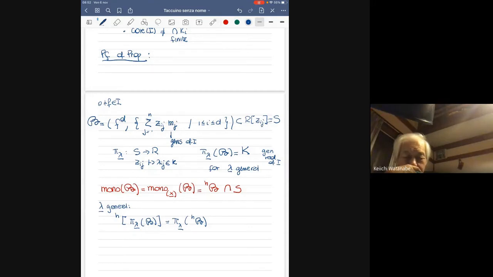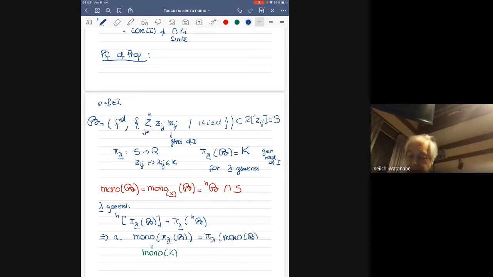And this is very important because it immediately gives you, because of the algorithm, that the mono of pi lambda of beta, which is exactly, remember, the mono of my K, the object I want, okay? This guy is pi lambda of mono of beta.